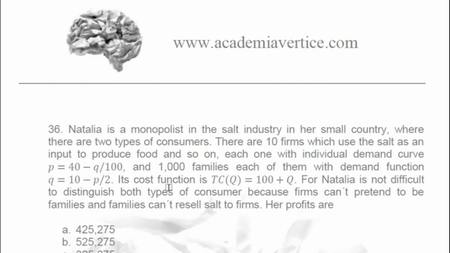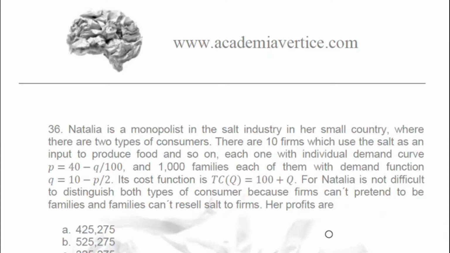Its cost function is 100 plus Q, the cost of the monopolist, of Natalia. For Natalia, it's not difficult to distinguish both types of consumers because firms can't pretend to be families and families can't resell to firms.